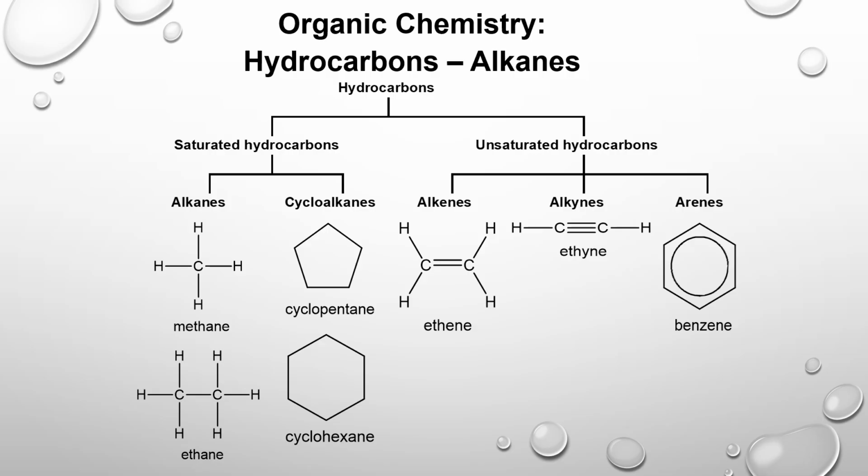The difference between the saturated and the unsaturated hydrocarbons is actually the bonds. You notice that the alkenes and the alkynes have a double bond or a triple bond here, whereas the alkanes have single bonds.